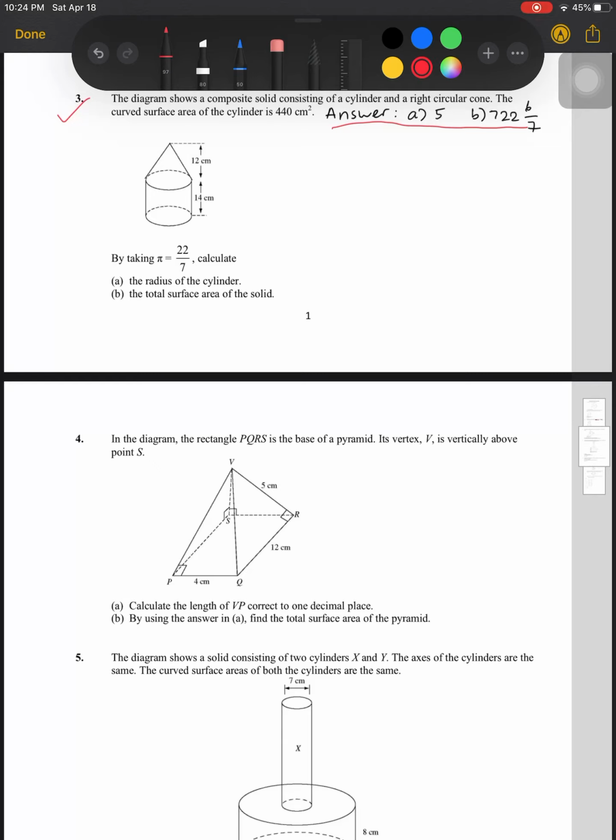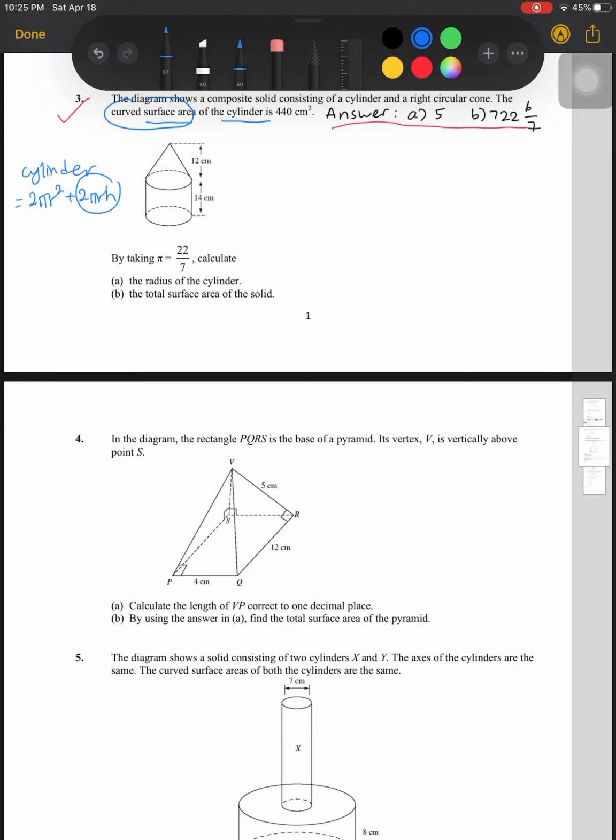For question 3, by taking pi equals to 22/7, calculate the radius of the cylinder. First thing first, the question says the curved surface area of the cylinder. For a cylinder, the formula for the area is 2 pi r squared plus 2 pi r h.